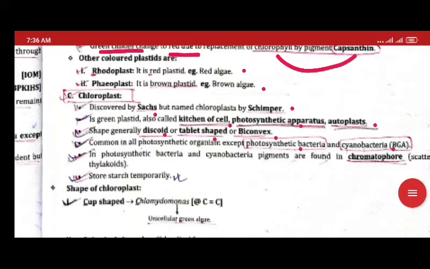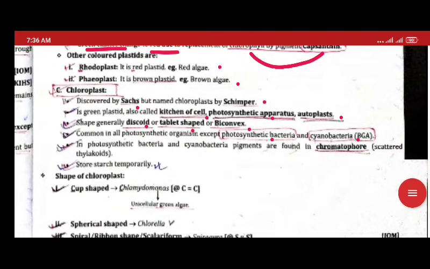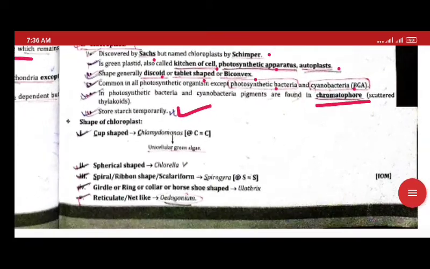In photosynthetic bacteria and cyanobacteria, we find chromatophores instead, which store starch temporarily.